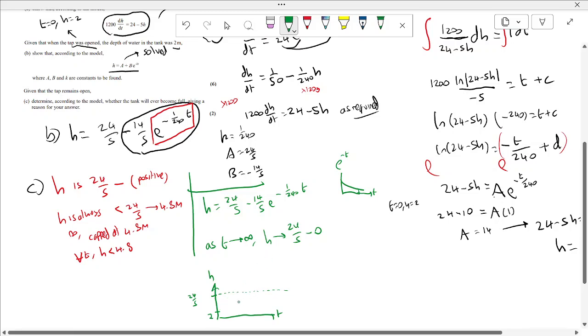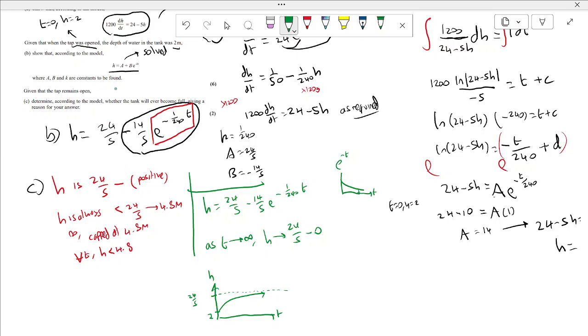I'll try to do that better. It's going to be like that. That's kind of poor. But if you do it properly, it's always increasing but never reaching that height. Okay? So hopefully that makes sense. You just need to analyze the terms in the equation and realize that this one is always negative. And that essentially gets you the answer.